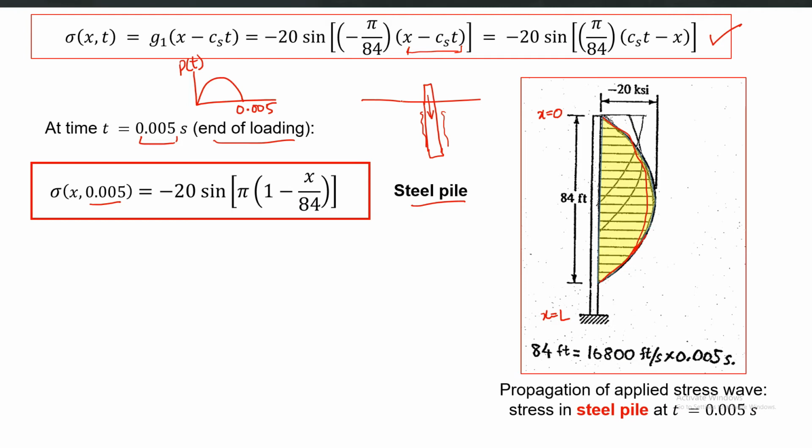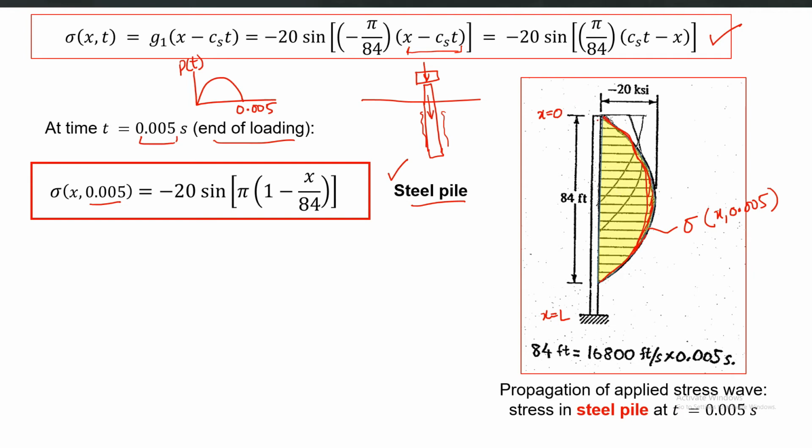So let's say this is a steel pile subjected to a drop hammer at the top. This line will be our function for stress. So this is sigma x comma 0.005, which means you are looking at the stress variation right at the end of the applied loading.